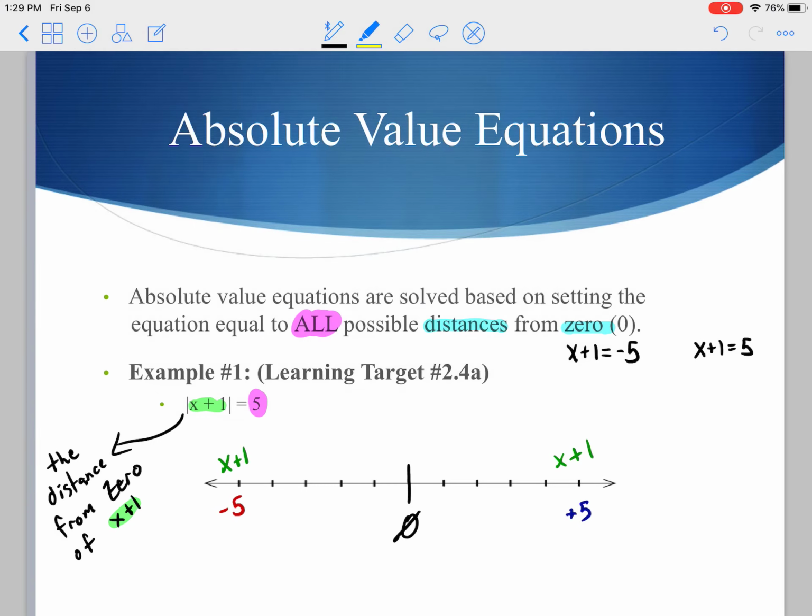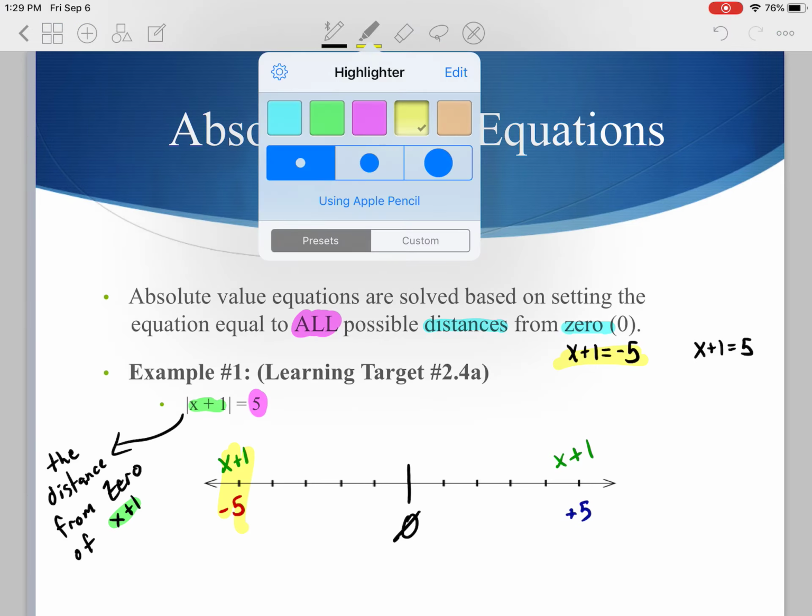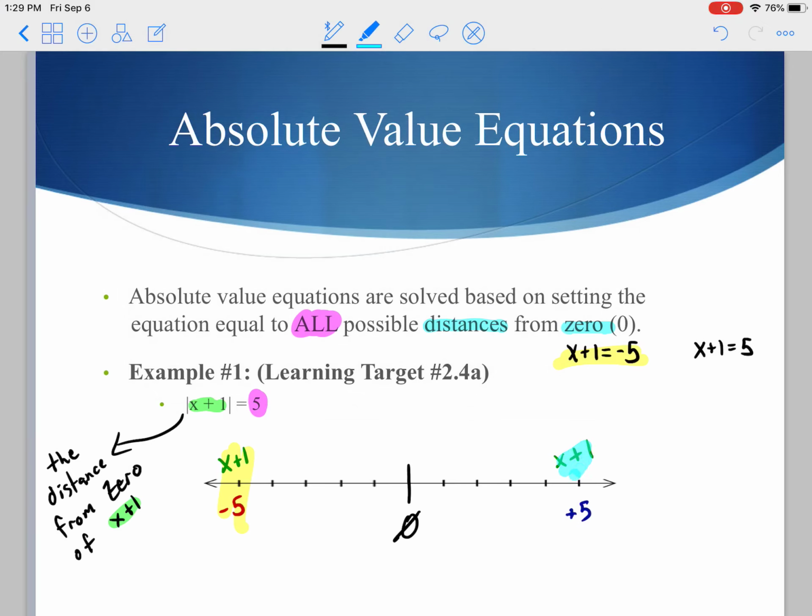And so I have set the negative direction, and I have also created an equation representing the positive direction.